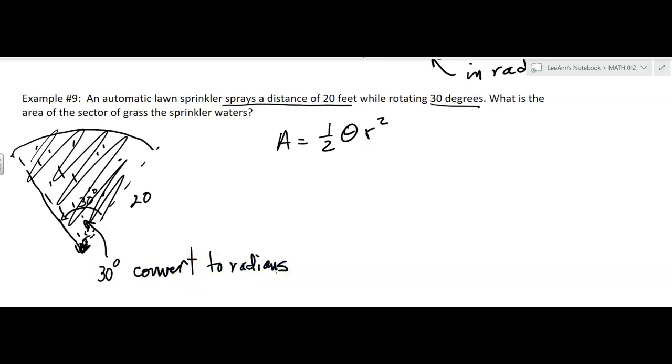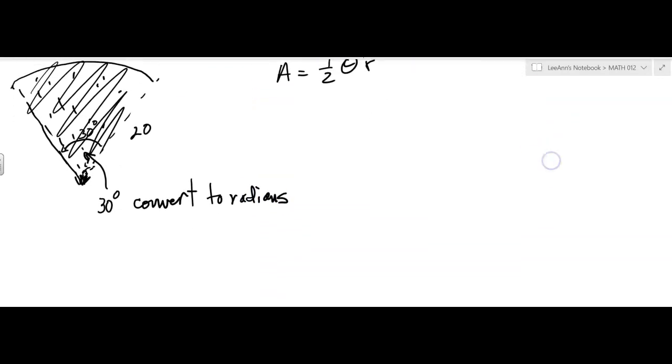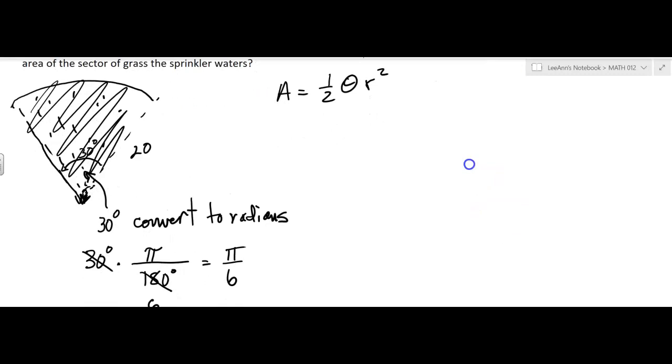Remember, I want to get rid of the degrees, so you're going to put the degrees in the denominator and put pi up here, okay? And then 30 goes into 180 6 times, so it's pi over 6.